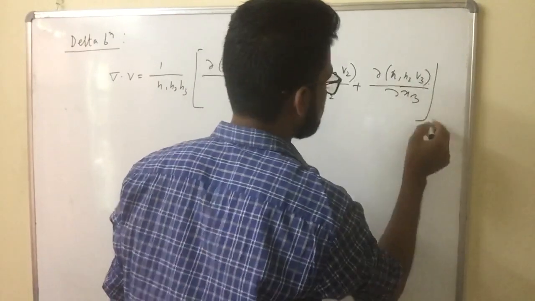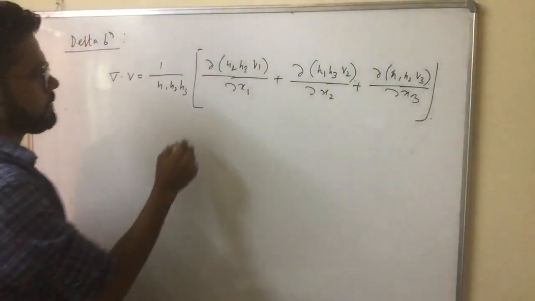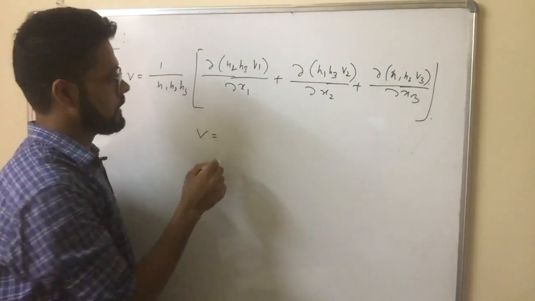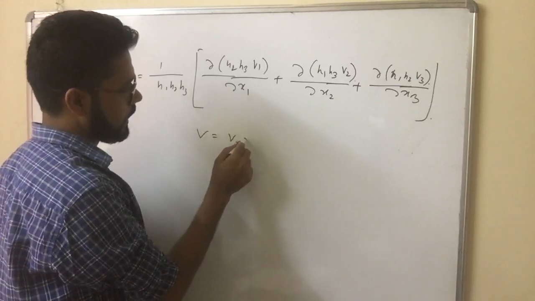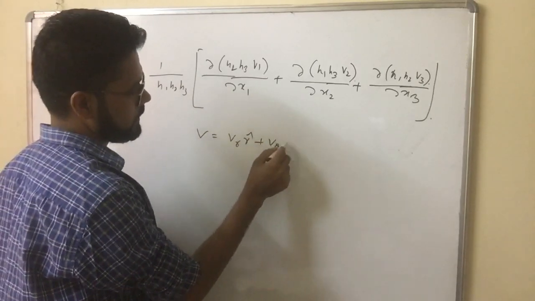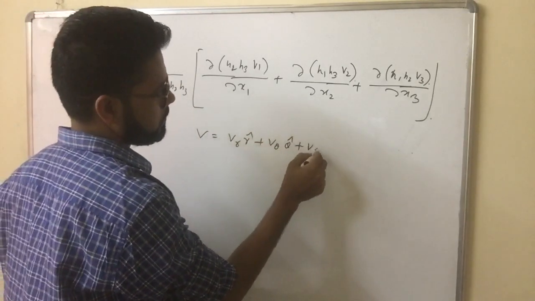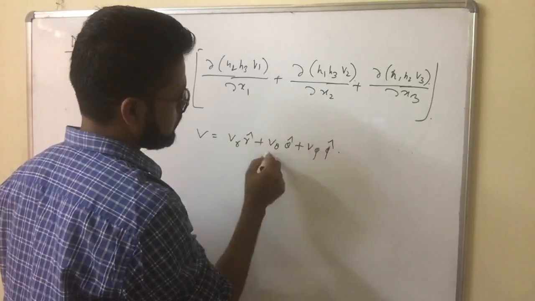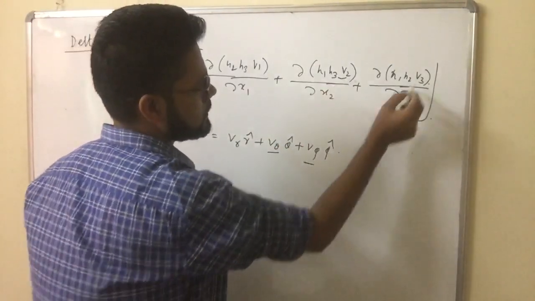What are the V's? V is represented in spherical coordinates as V r cap plus V theta theta cap plus V phi phi cap. V theta means the second component, V phi means the third component.